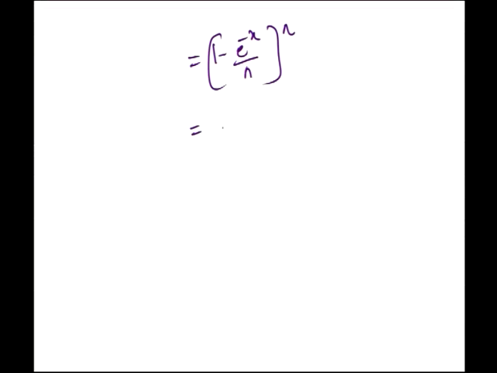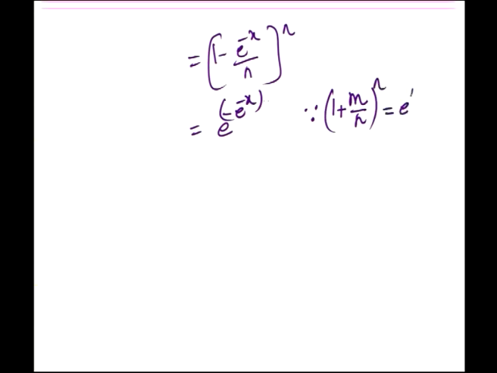This is equal to e power of minus e power minus x, since (1 plus m by n) whole power n is equal to e power m as n tends to infinity.